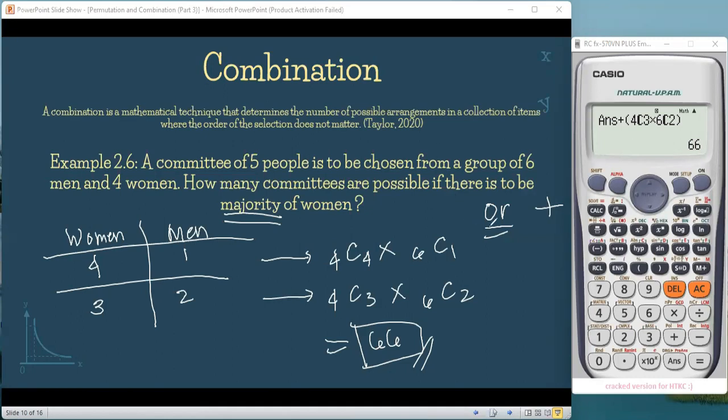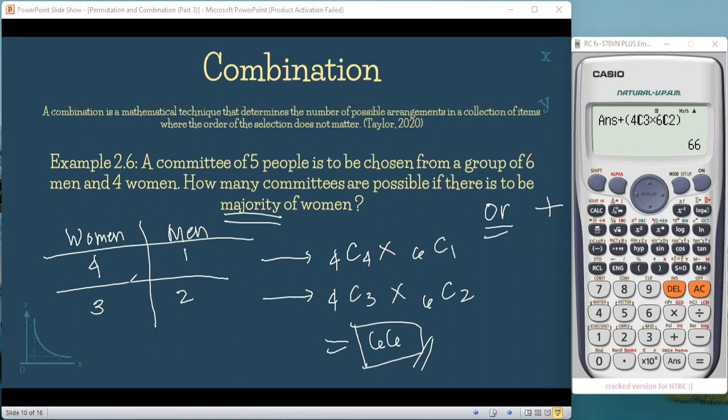So balikan ko lang po. So yung or po natin na ginamit kanina, it's either daw po the combination of 4 women and 1 man or the combination of 3 women and 2 men. Kaya po gumamit tayo ng plus because we use the word or. Pero 'di ba po ito, bakit po siya multiply?